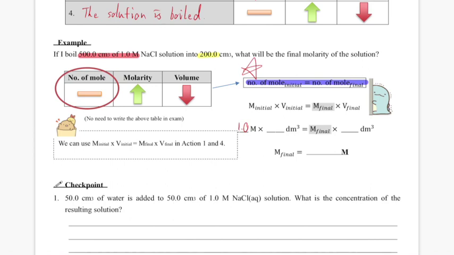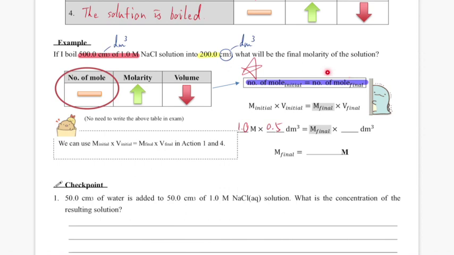And for the volume, remember it gives you in cm cube, you need to convert it into dm cube first. Here you need to do that as well. So it should become 500 over 1,000, which is 0.5. If you multiply these two, we will be able to work out the total number of mole of the solute at the beginning.